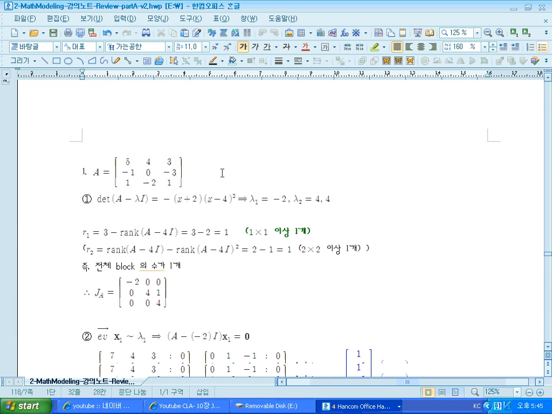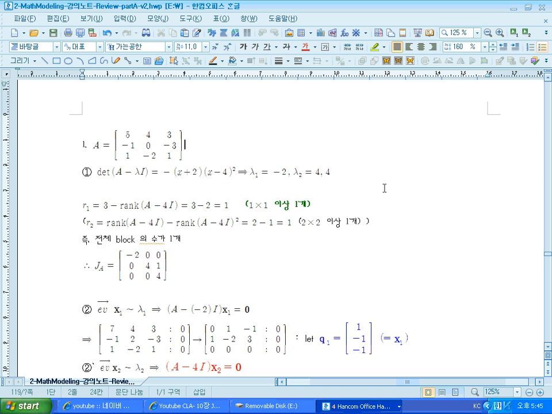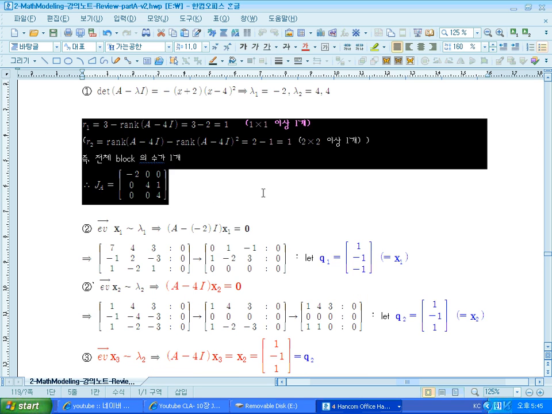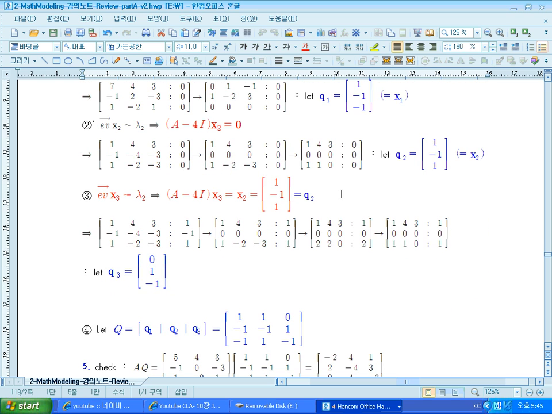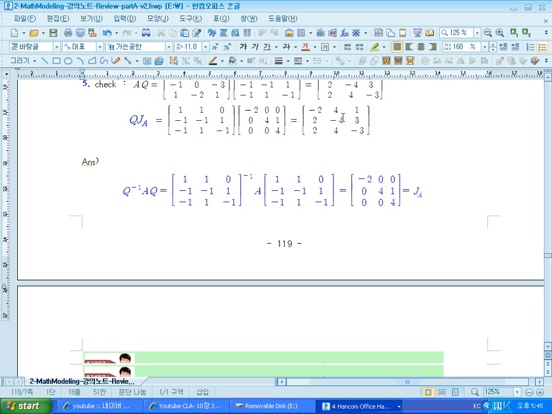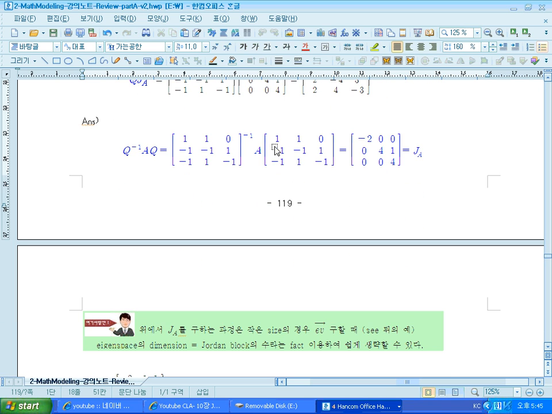Then here is the example. Suppose we have the matrix A, then we find the eigenvalues and find the linearly independent eigenvectors first, and then we know how many generalized eigenvectors are needed for each Jordan block. Then we use that algorithm to generate the necessary number of generalized eigenvectors to fill out the columns.